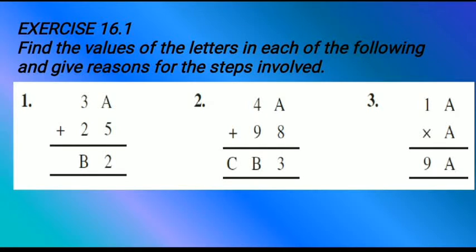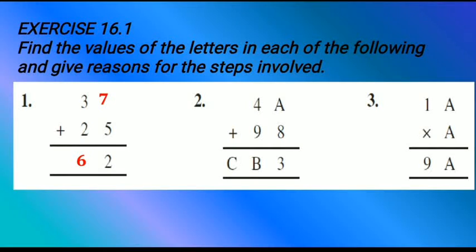So 5 plus which number gives us 12? It is 7. When you add 7 to 5, you get 12, 1 is carried over and 2 comes down in your answer. Now the carried over 1 plus 3 plus 2 gives you 6. So your answer for A and B is 7 and 6.